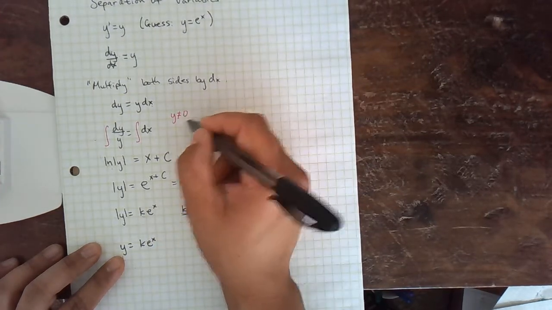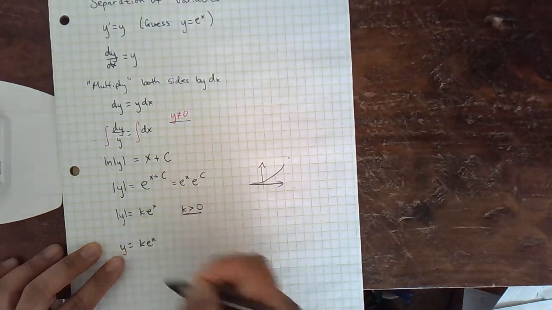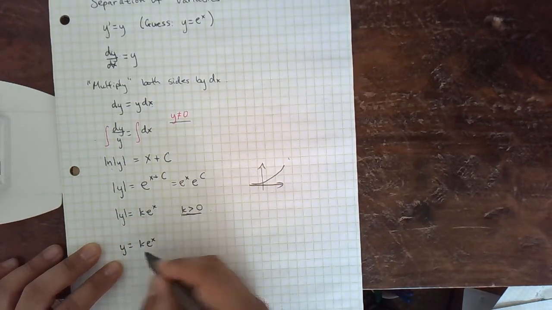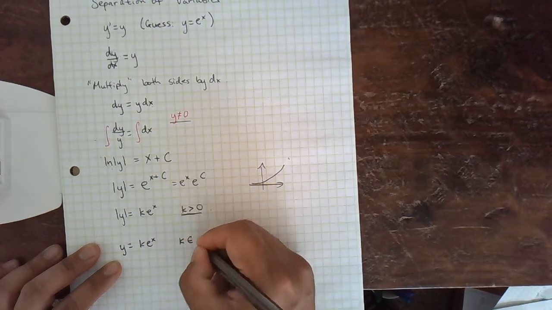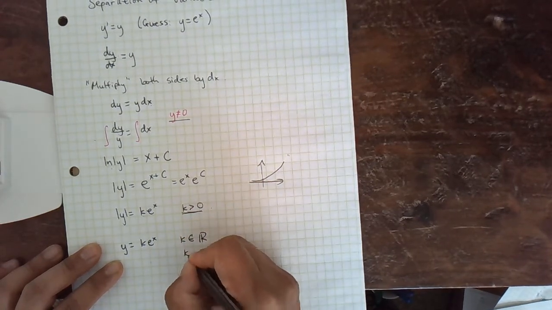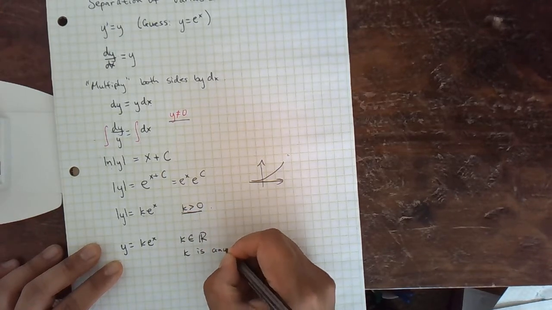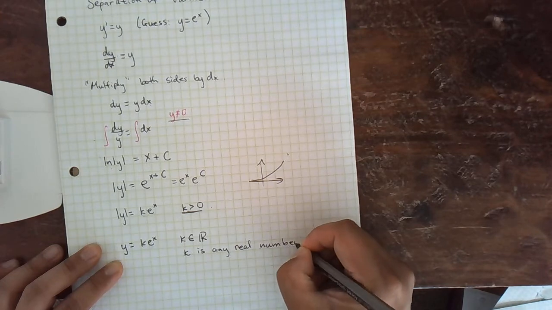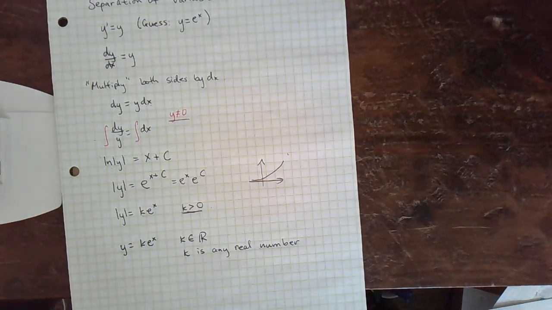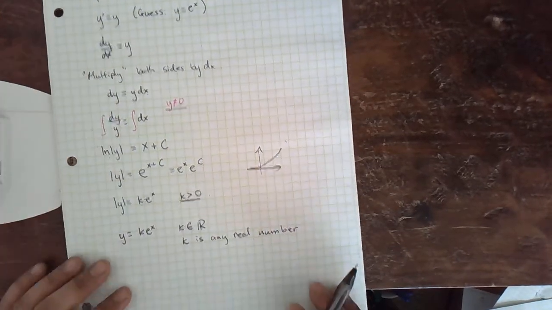So really, I can take care of this, and the absolute value by just rewriting this as y equals k times e to the x, and k is any real number. This is notation for k is any real number, if you haven't seen this before. Okay, there's our solution to this differential equation.